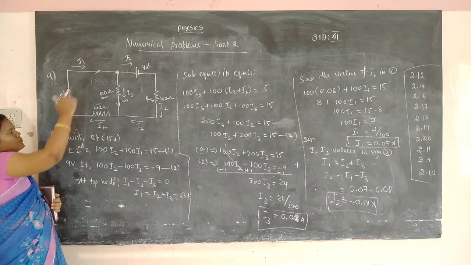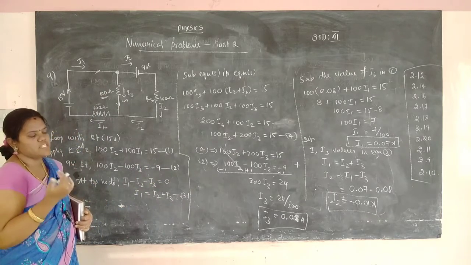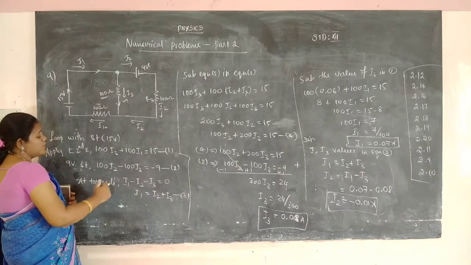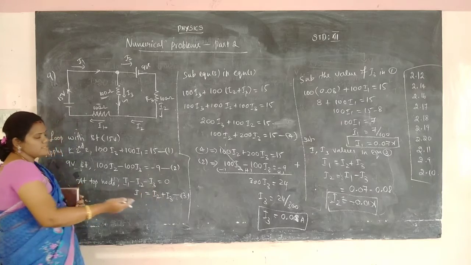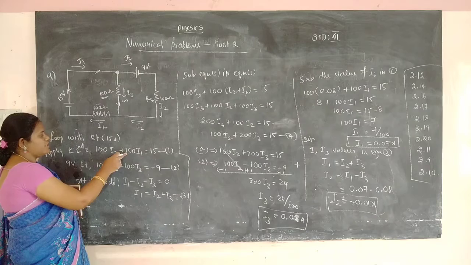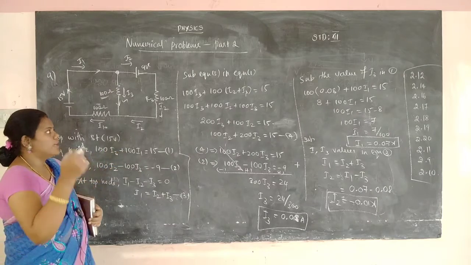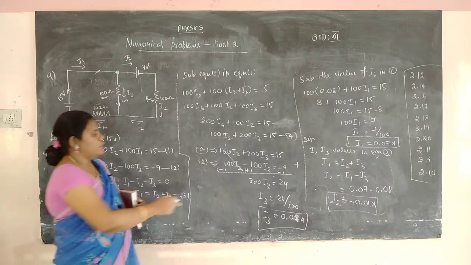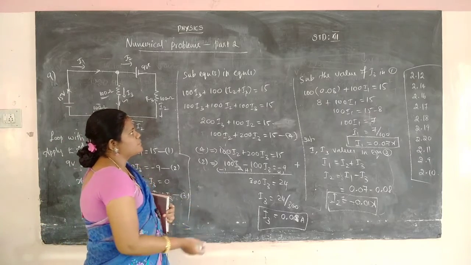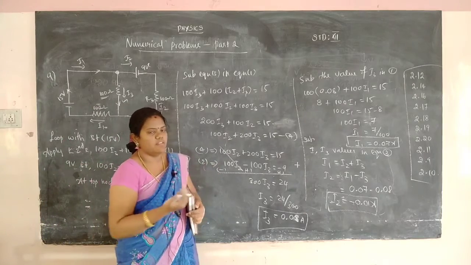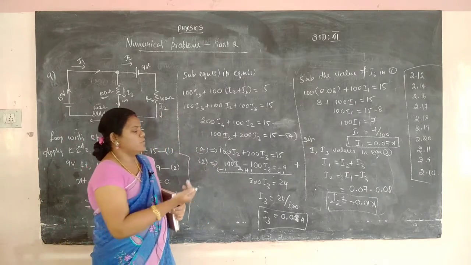At the top node we apply Kirchhoff's first rule to find I1, which is considered as the third equation. Then we substitute the third equation in the first equation to get a new equation. That equation is added to the second equation, so we easily find the I3 value. Substitute I3 in equation 1 to find the I1 value, and substitute I1 and I3 in equation 3 to find the I2 value.